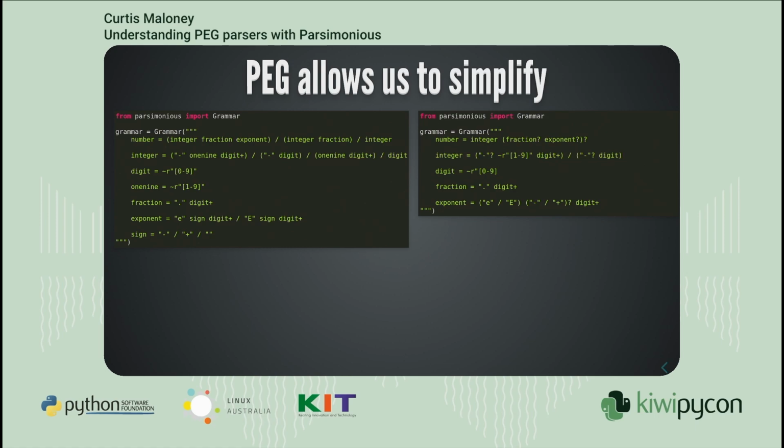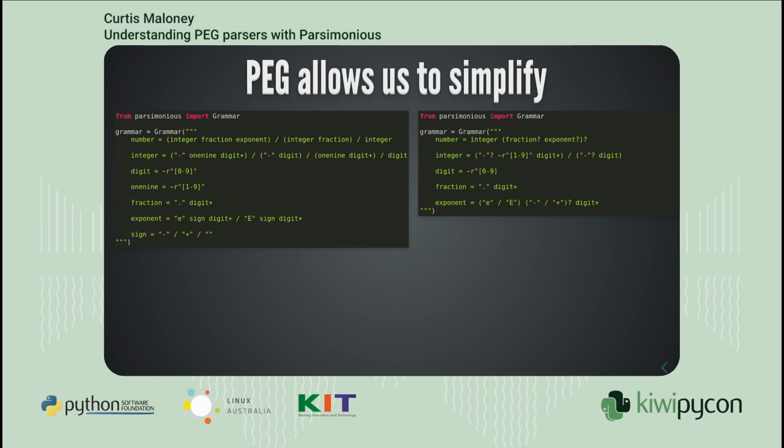And then the integer is maybe a negative, and then some digits 1 to 9, and then a digit, or maybe a minus with a digit after it. So we managed to compound those breakout choices down to 1 to 2 terms.